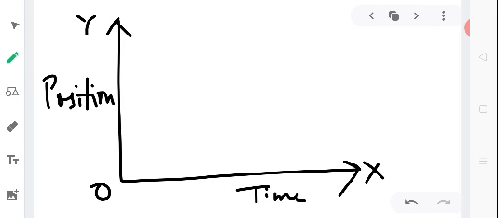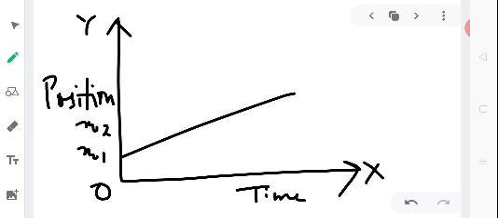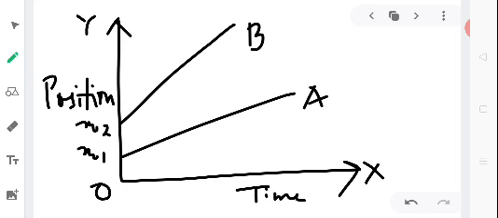So if this is the initial position for A, and this is the initial position for B, for A we can draw a graph like this. Then for B, the graph will be like this. As I was saying, their position time graphs will open out gradually.